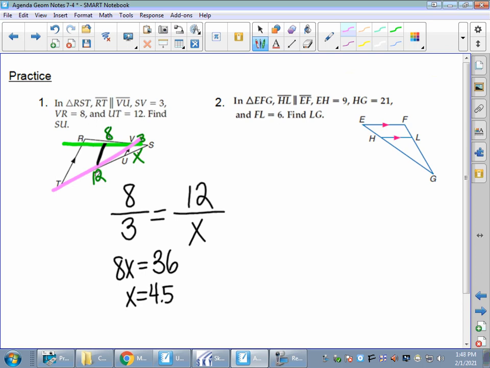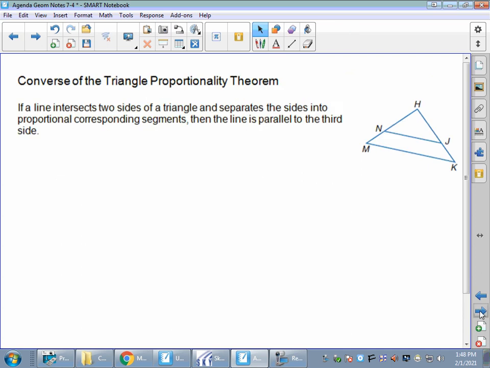There's one type of problem. So we take those two sides of the triangle that both touch the parallel lines and set ourselves up a proportion. The converse of this, converse means we flip it over. So if a line intersects two sides of a triangle and separates them into proportions, then the line is parallel to the third side.